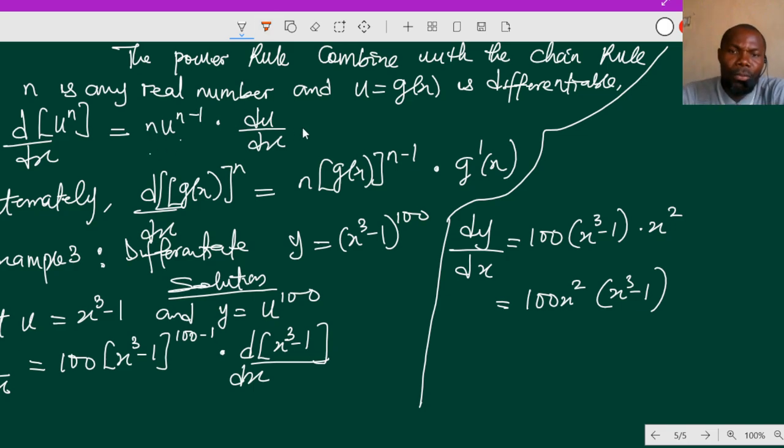From the formula, you realize that they first differentiate y with respect to u, then differentiate u with respect to x. So this is exactly what we did. The 100 multiplies the whole u, and we multiply with the derivative of x cubed minus 1 to get this answer. So this is exactly how it looks.